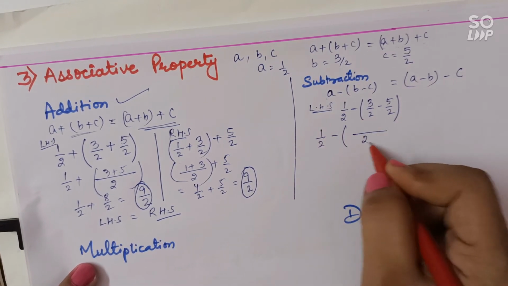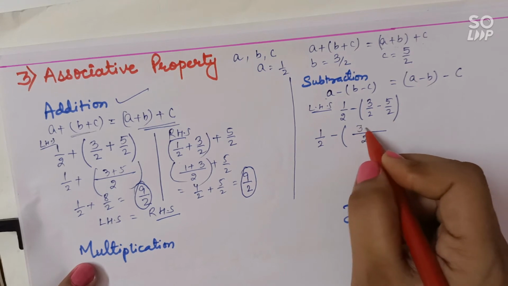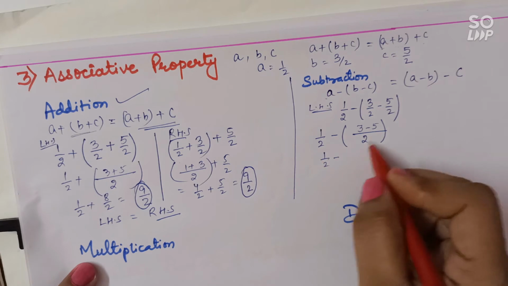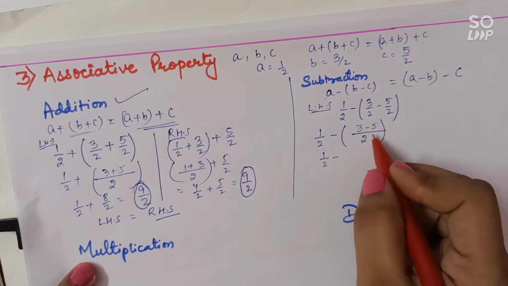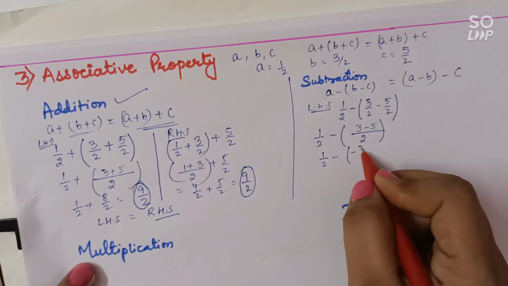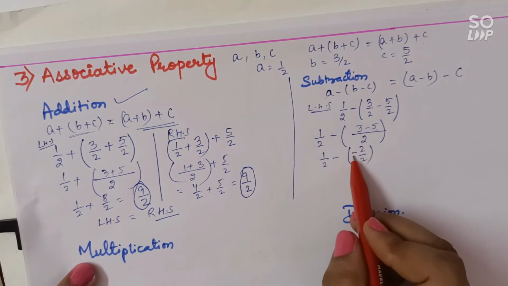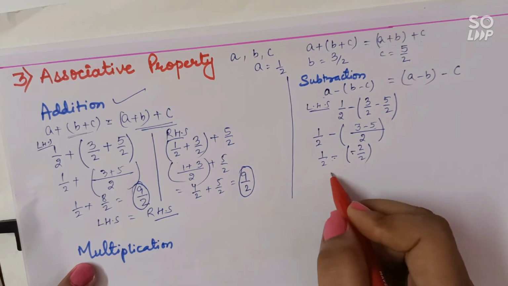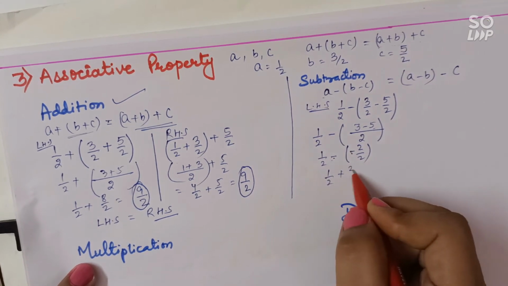The denominator is the same, 2, so it will be 3 minus 5. So we will have 1 by 2 minus, 5 minus 3 is 2, but the sign of the greater number is negative, so we'll have minus 2 by 2. Now we have already studied in our integers part that minus minus will become plus. So we'll have plus 2 by 2.